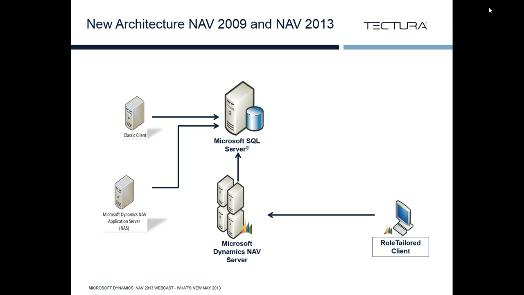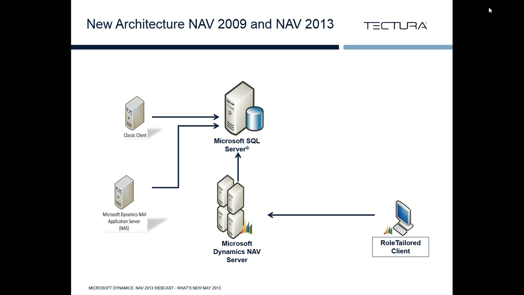With NAV 2009, and indeed in some respects NAV 2013, what Microsoft have delivered is a true three-tier architecture environment. Again, we're talking about SQL Server as the database environment. On NAV 2009, there was still the potential to do some delivery in the old database, but essentially that has now dropped. The old NAV proprietary database is completely dropped, and we're talking Microsoft SQL Server.